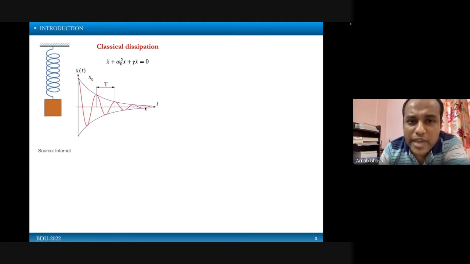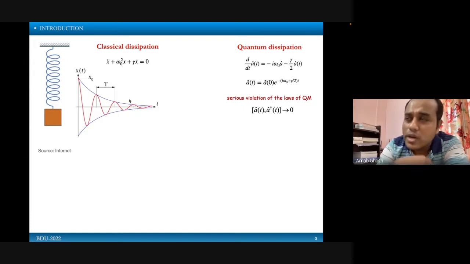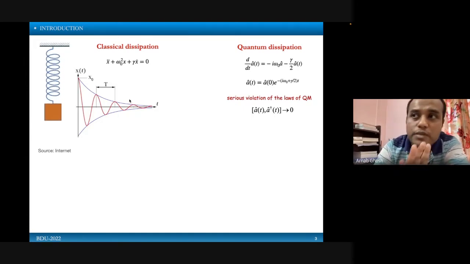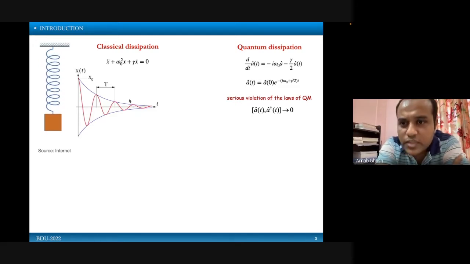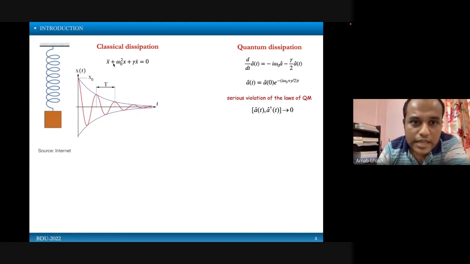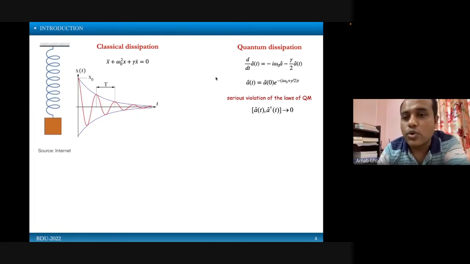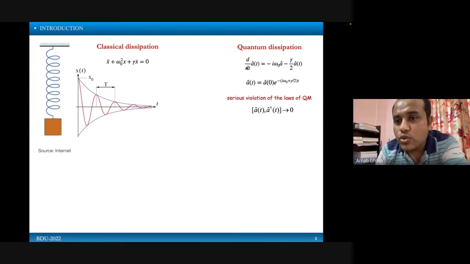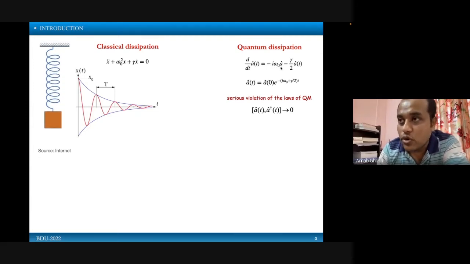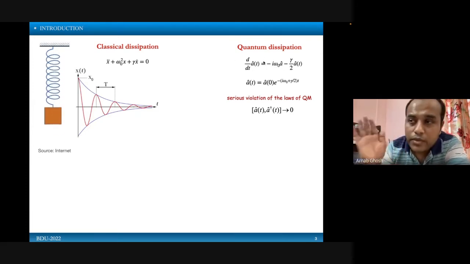Now, once you introduce quantum dissipation, the same problem becomes much more intricate because of the fundamental uncertainty principle. If you take the same system, the harmonic oscillator, and write down the quantum Hamiltonian, H is equal to h bar omega 0 a dagger a, and write down the Heisenberg equation of motion, then without any dissipation only the first two terms remain. So dA/dt is equal to minus i omega 0 A, the free harmonic oscillator term.